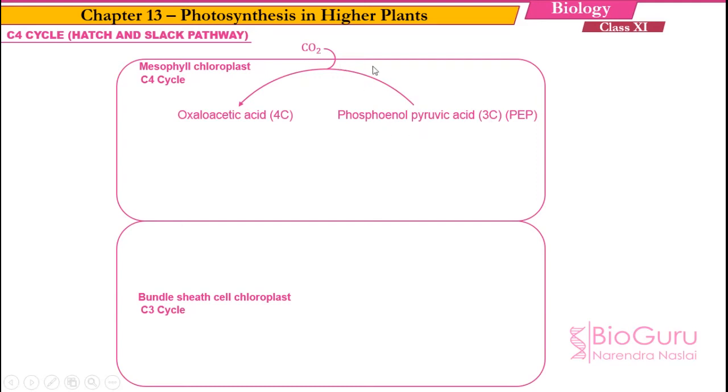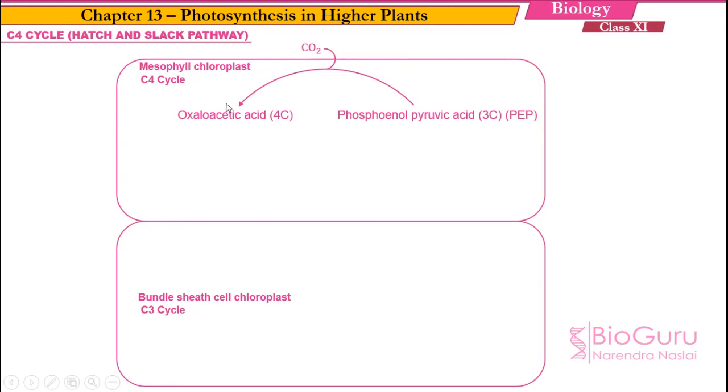If you add one more carbon to this compound, it forms a 4-carbon acid, that is oxaloacetic acid, and it is the first stable compound after carboxylation. Because of this reason, this cycle is called the C4 cycle. Why is it called the C4 cycle? It is because the first stable compound formed after carboxylation, oxaloacetic acid, is a 4-carbon compound.